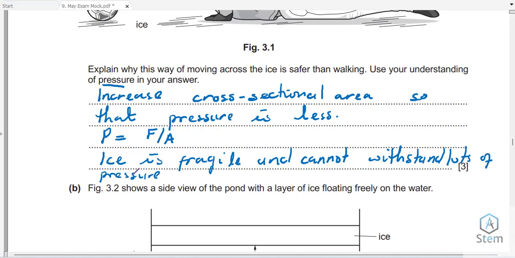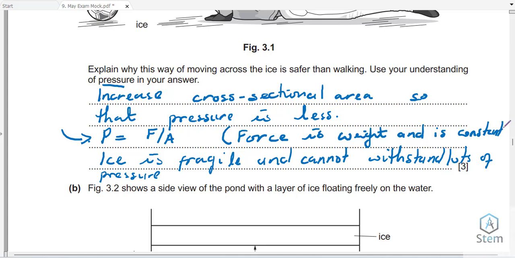All right. So the person has increased their cross-sectional area to reduce pressure, and this idea is supported by the equation pressure is equal to force over area. Force is the weight of the person and is constant.